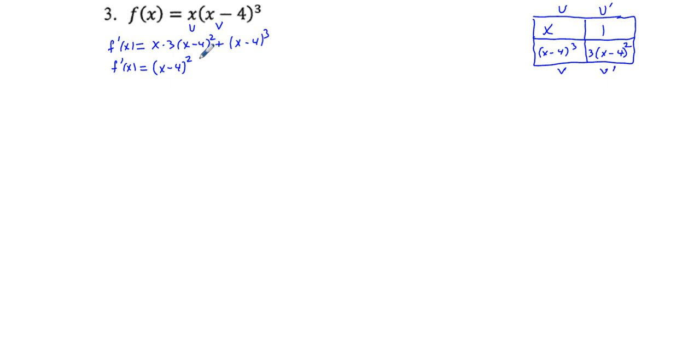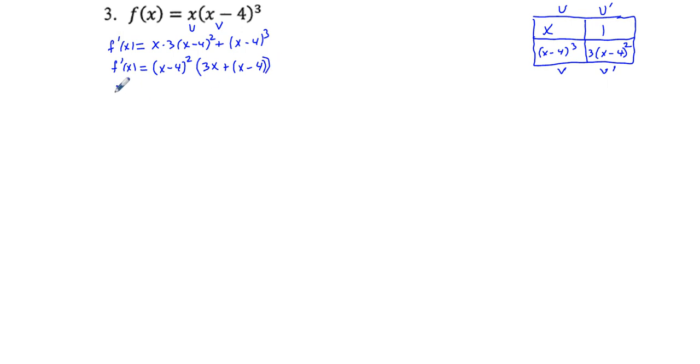And then we have times what? We have x times 3, so that's going to be 3x, and then plus this x minus 4. Okay, so that's what it looks like.